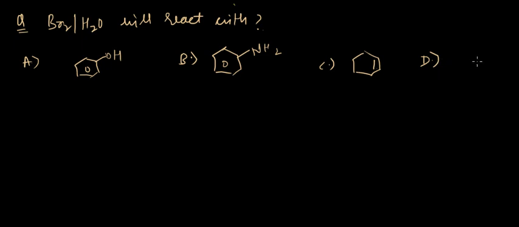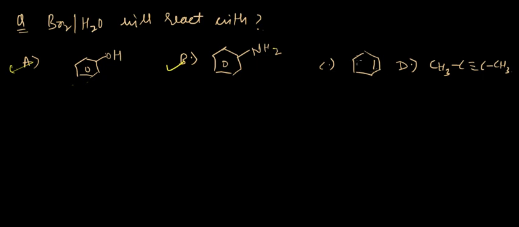And D, you have, let me redraw it, D, you have alkyne. Okay. So now obviously we have seen so many examples. Okay. So this will undergo reaction. Aniline will also undergo reaction because it forms a more stable compound in water with N minus here.